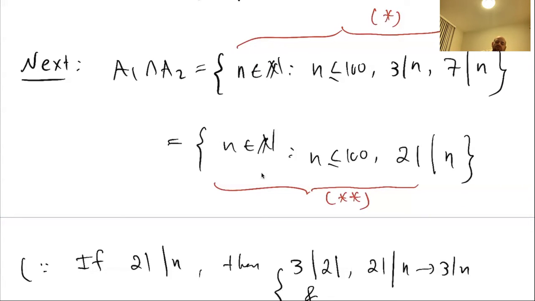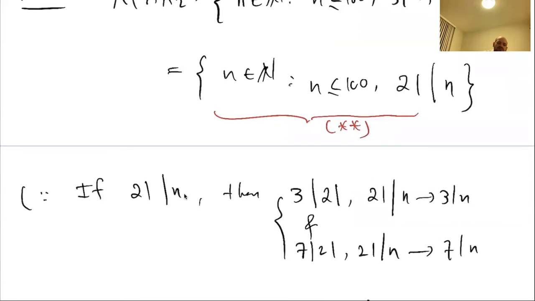To do that, I take an element in 2 star. If you take an element in 2 star, you're considering an n value less than or equal to 100 with 21 divides n. Then 3 divides 21 and 21 divides n, so 3 divides n according to the properties of divisibility.